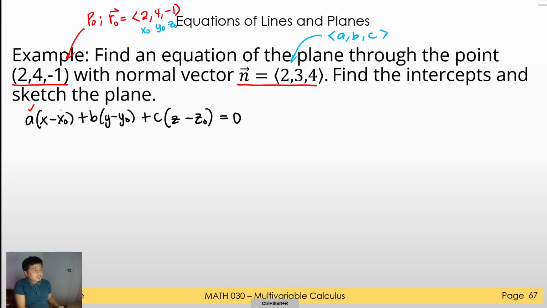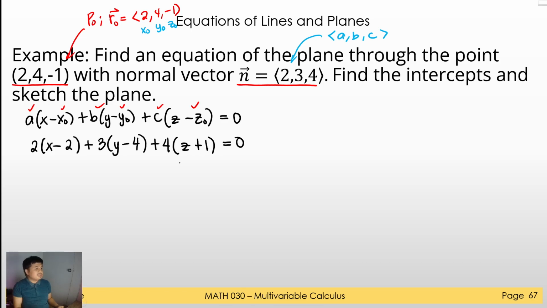We can substitute directly since these are given. So a is 2, so 2 times x minus 2, plus b, which is 3, times y minus 4, and z sub 0 is -1, so minus -1 becomes positive 1, is equal to 0.